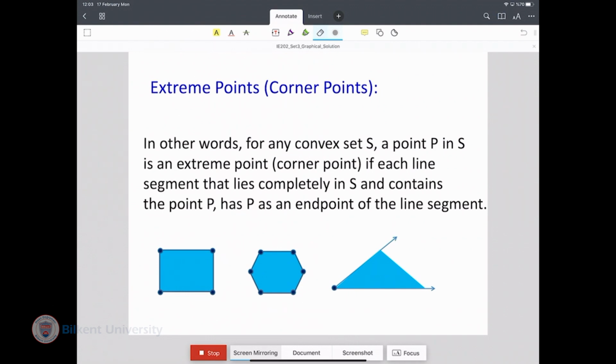So if you don't let 0 and 1 be included in your convexity definition, then you can't write your corner points. That brings us to the definition of the corner points or extreme points using mathematics, right? If you cannot write that point as a strict convex combination of 2 other points, that means that guy is a corner point. It requires lambda being 0 or 1 to be represented.